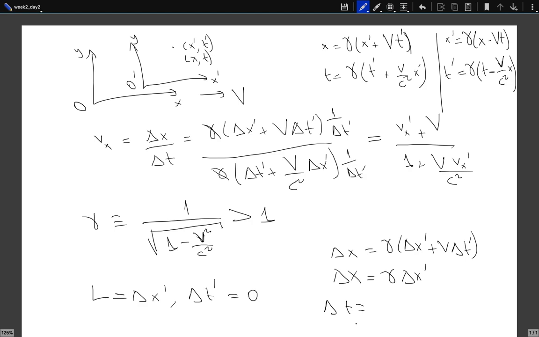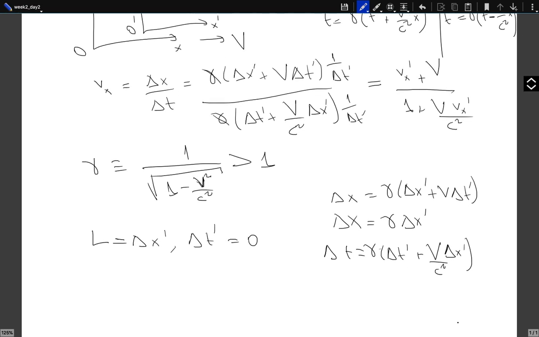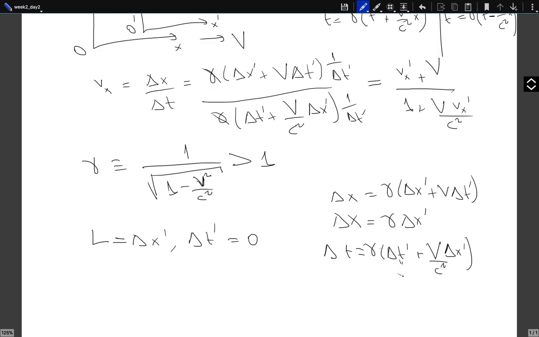Well, the transformation is over there. So it's just gamma delta t prime plus v over c squared delta x prime. Well, delta t prime is 0, but this is not 0.